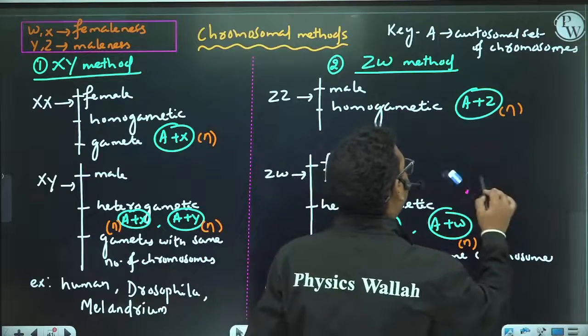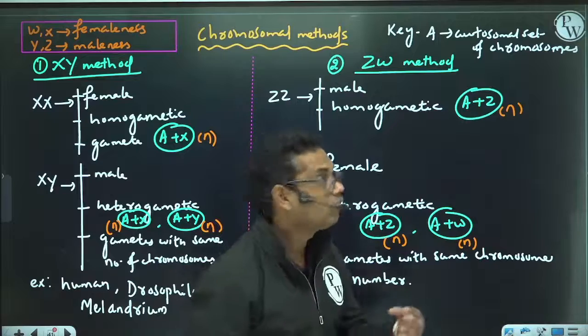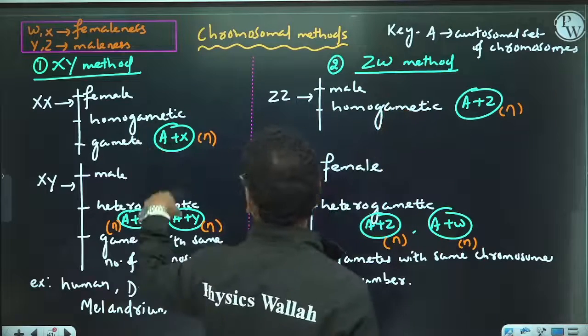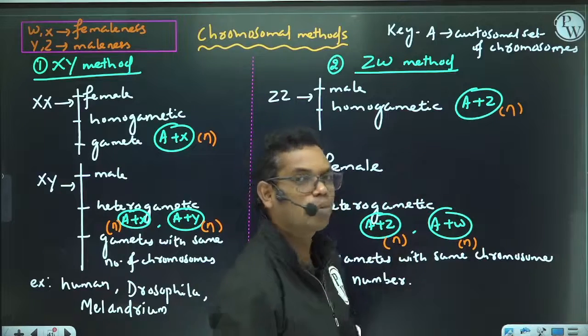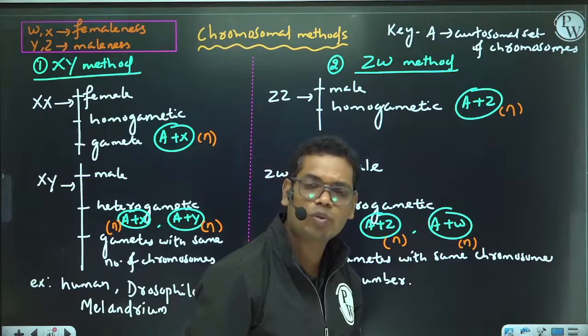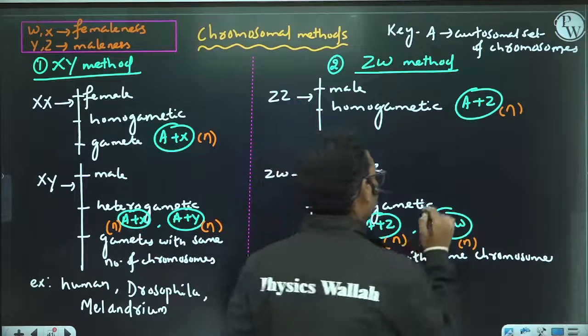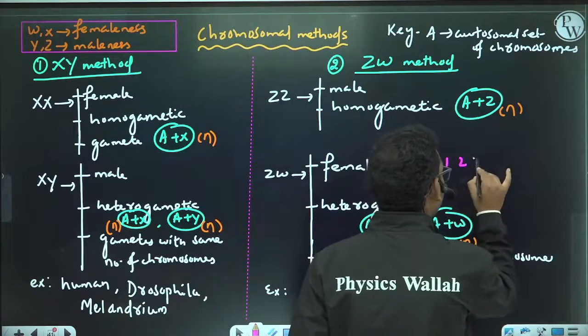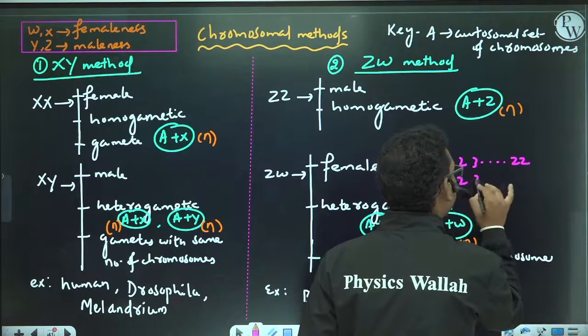Now, if I write here AA, you can see I have written AAA here. A means autosomal set of chromosomes. What do you understand by autosomal set of chromosomes? It means all the autosomal chromosomes. For example, in a human being, chromosome 1, chromosome 2, chromosome 3, like this, up to 22 is present.